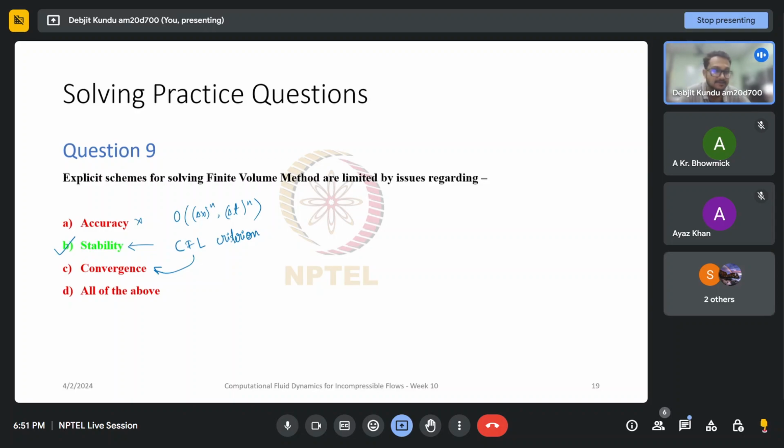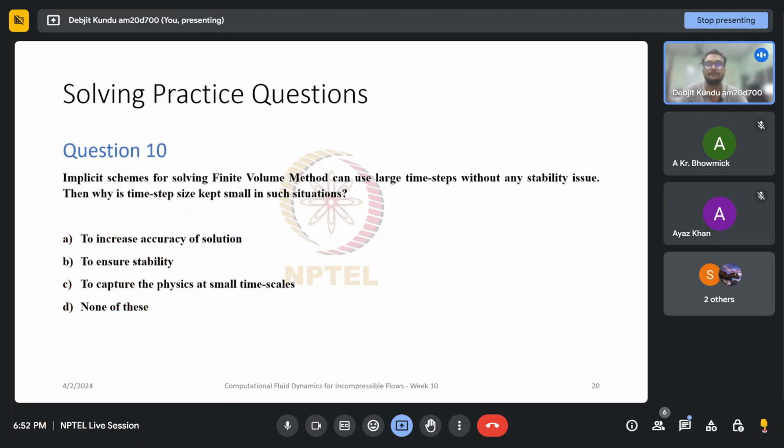So the stability is the root cause, but if this was a multiple option correct question, then you should have chosen both option B and C, because stability issues ultimately lead to the solutions diverging away and not converging, right? Any questions on this? So this is why implicit schemes are better.